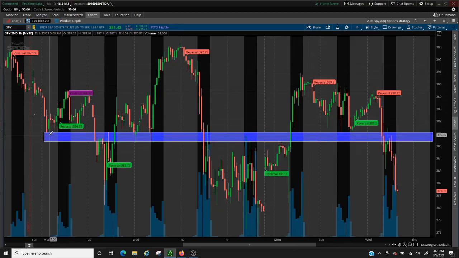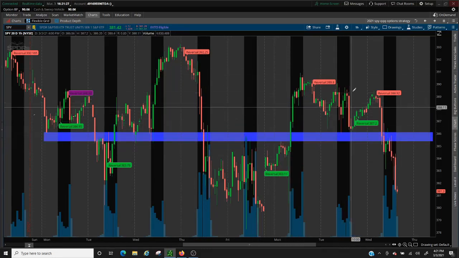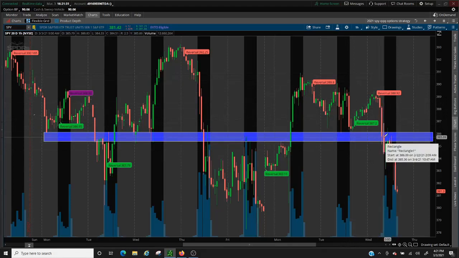So it's a good area of support, resistance, support, support, support and resistance, resistance, resistance, and now we're showing some resistance right up in there.